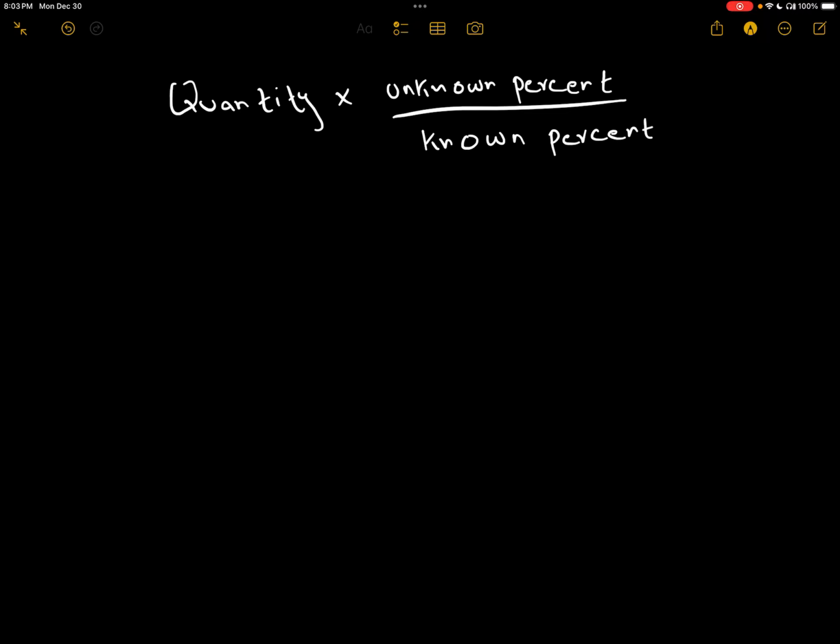It means whenever you will be asked to find out the percentage of any number, then you will be using this formula.